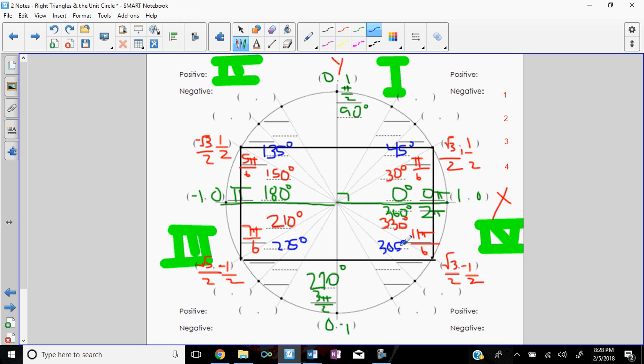Okay. And if we think about my radians, we said this is 1 pi over 4, right? Pi over 4. So this angle here, which is just another 45, is going to be 2 pi over 4. Well, 2 pi over 4 is going to reduce to pi over 2. This 45-degree angle is going to correspond to 3 pi over 4.